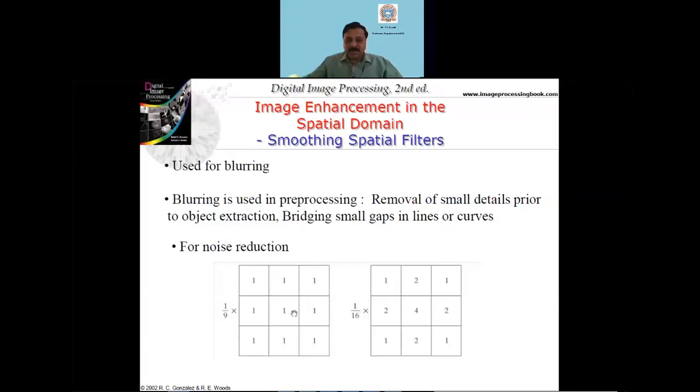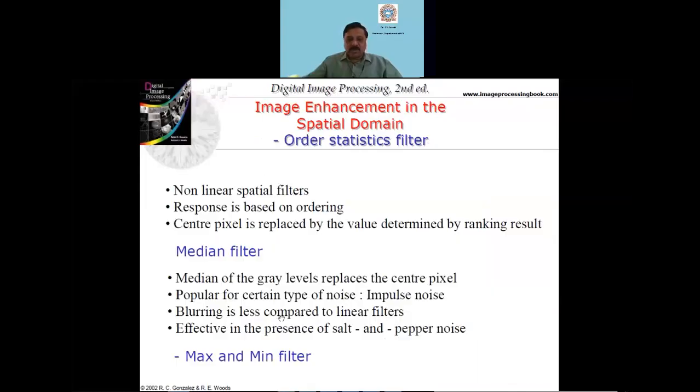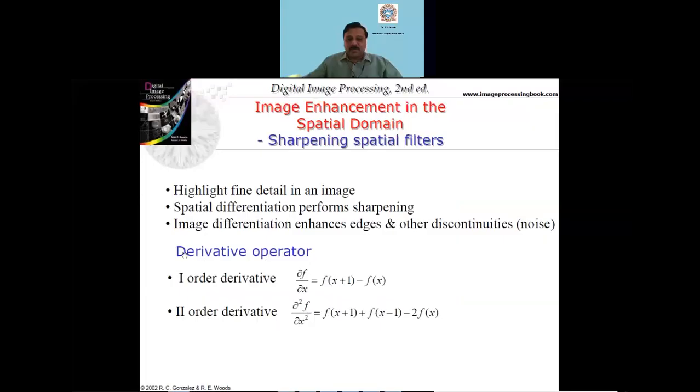So this is a sum operation. Obviously, if a sum operation can perform low pass filtering, a difference operation will perform high pass filtering. So we use a differentiation operation, that means a derivative operator. Integration or summation performs low pass filtering, so definitely differentiation or differencing will perform high pass filtering.